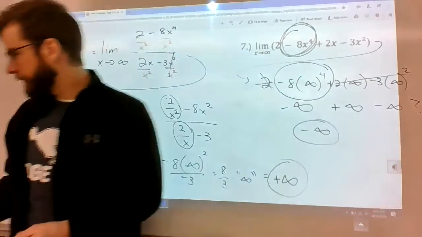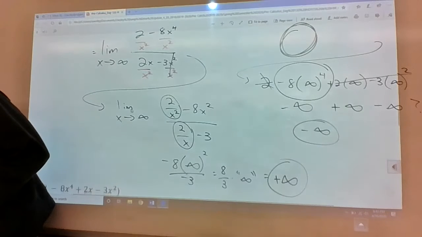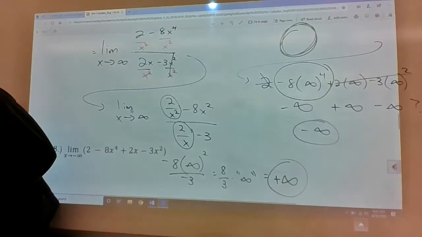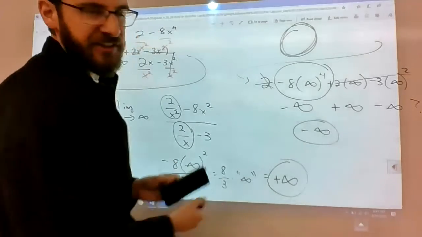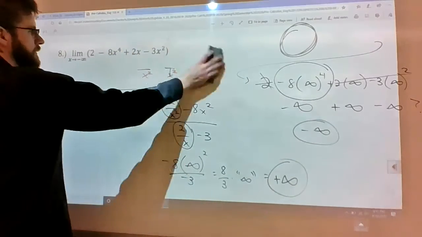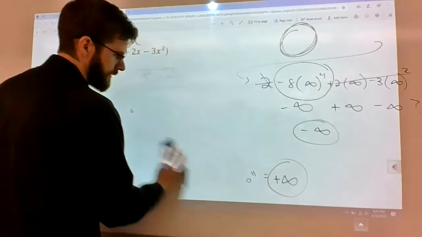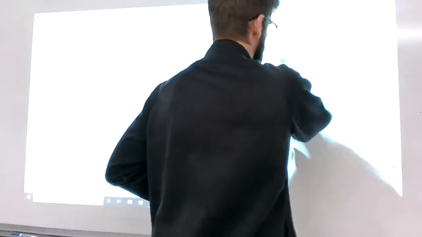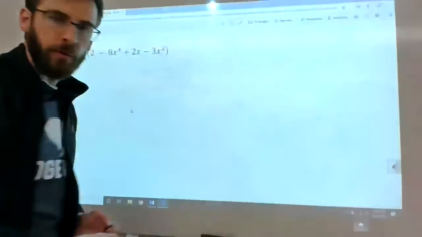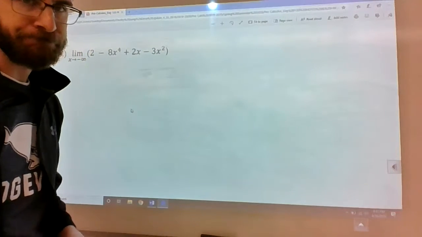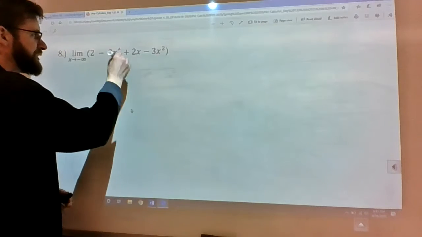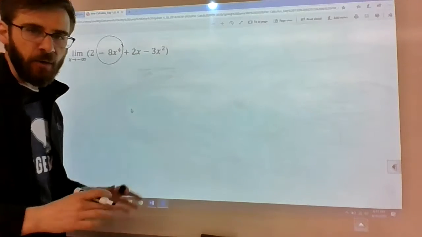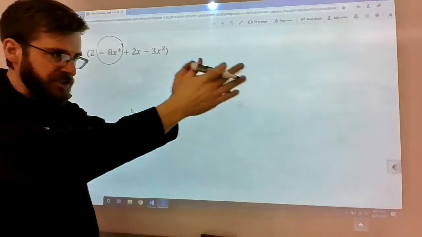Okay. So, you know what? One more example. I was thinking, what if we had the same situation, but we were approaching negative infinity? Well, if it's a polynomial like we have here, you're saying to yourself, I don't care what anybody else is. It's just the leading power.